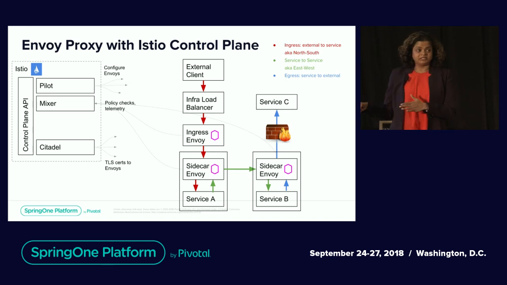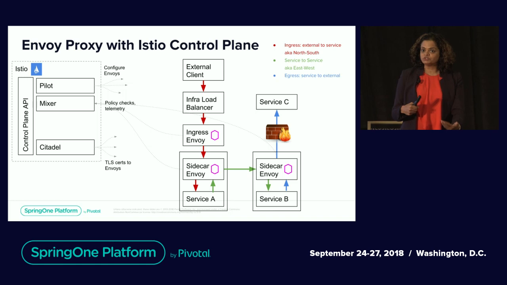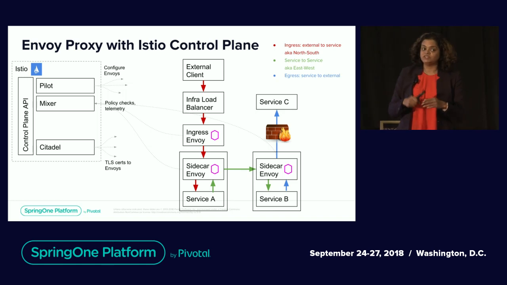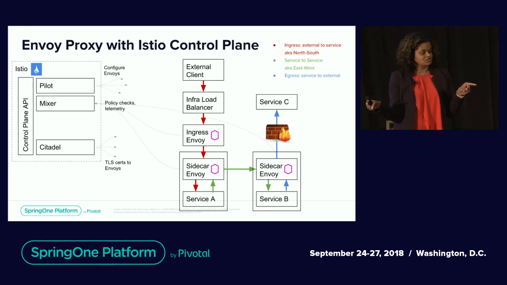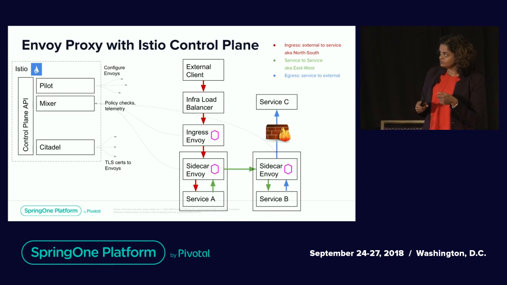In terms of the data plane, you can think of it as three different traffic paths. So you have an ingress path, which will go through an ingress proxy, which is the ingress envoy. And then you might have service-to-service communication, which is more of your east-west direct communication. And that also goes through a service proxy, which is the sidecar envoy.